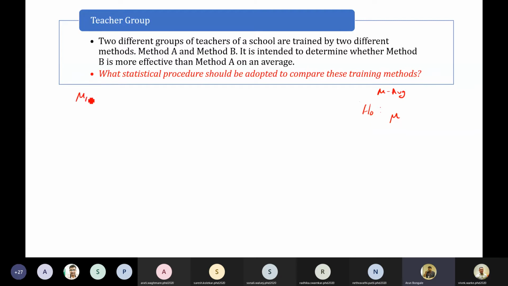Yes sir, let us say it is mu A and mu B. It is for group A, method A, and this is method B. Then what is H naught? Mu B is greater than mu A. Okay. What is the alternative? Mu B is equal to mu A and mu B is less than mu A.